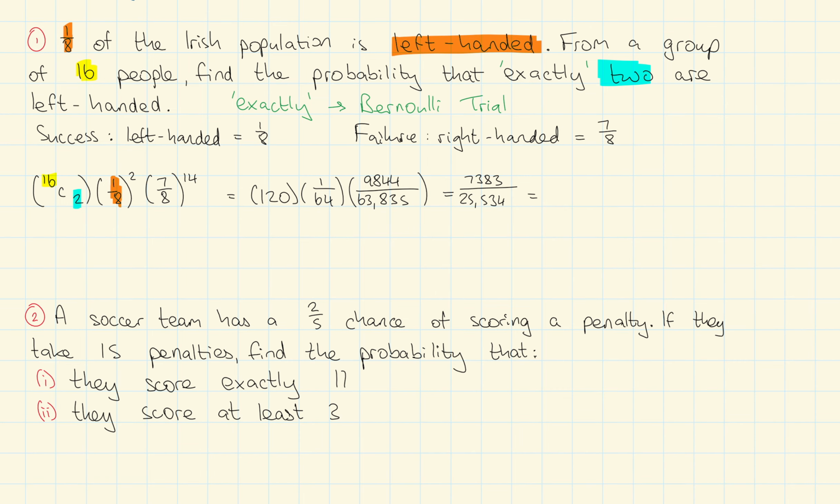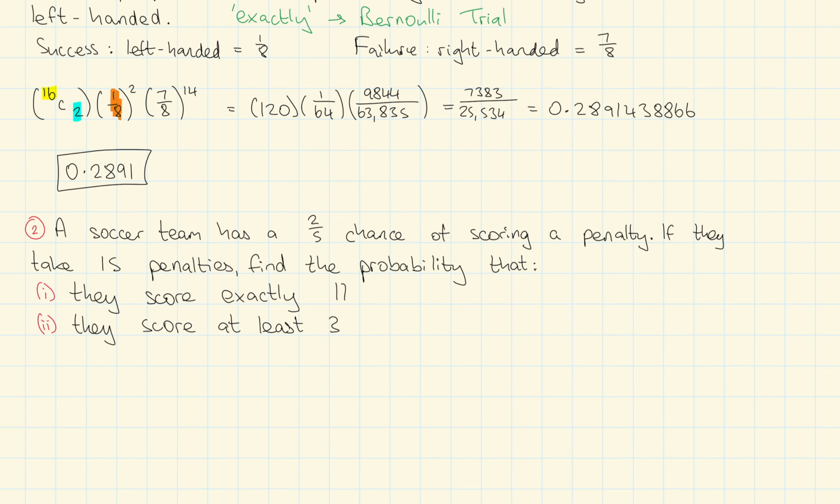We get a very small decimal here. That's expected with Bernoulli trials and most of probability, really. 0.2438866. And we'll say we were asked to 4 decimal places, so 0.2891. So that's example 1 answered.